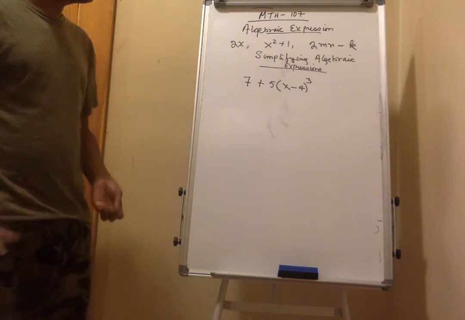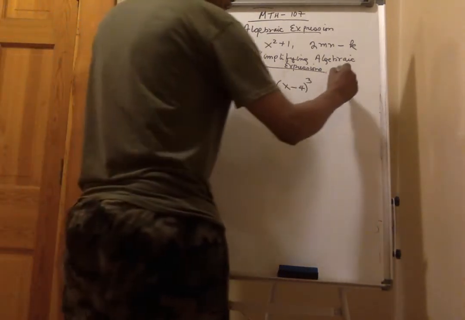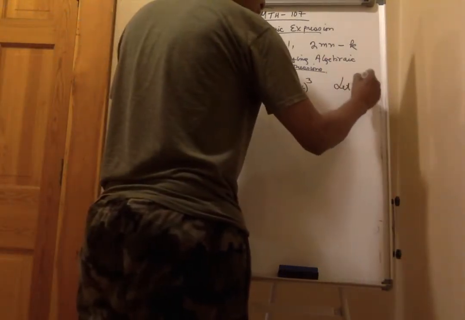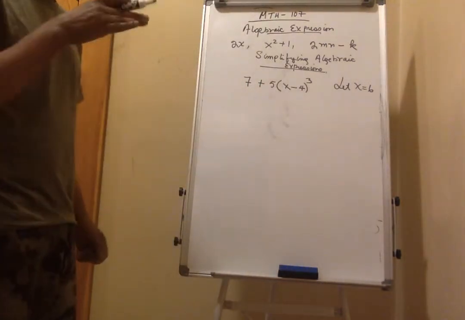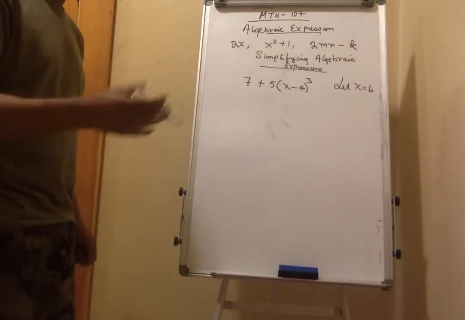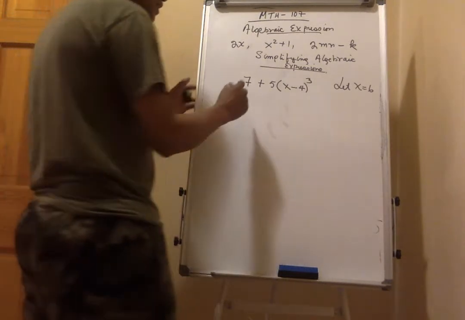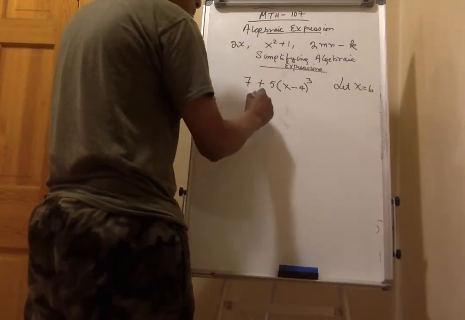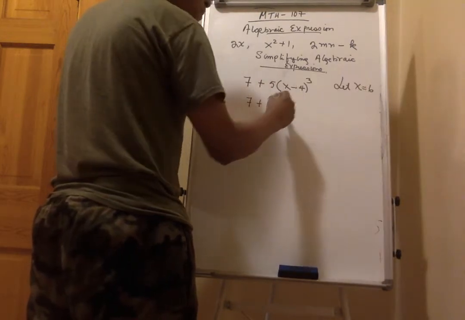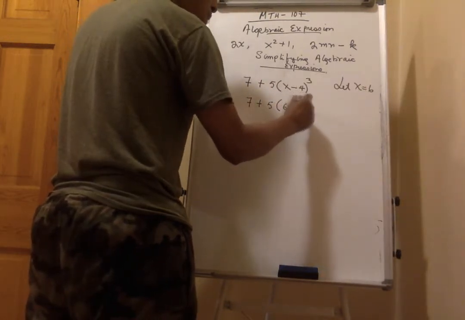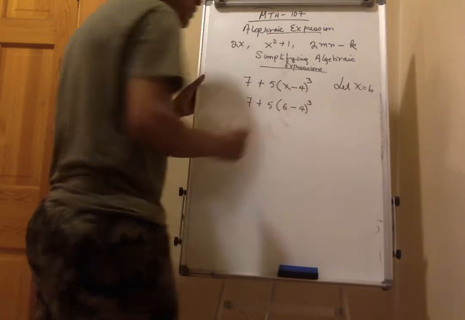So if we want to simplify this, let's give a value to x. Let x be equal to 6. Meaning what? Wherever there is x, you plug in the value of 6. So you would end up with 7 plus 5, and then instead of x, you plug in 6, 6 minus 4 to the third.